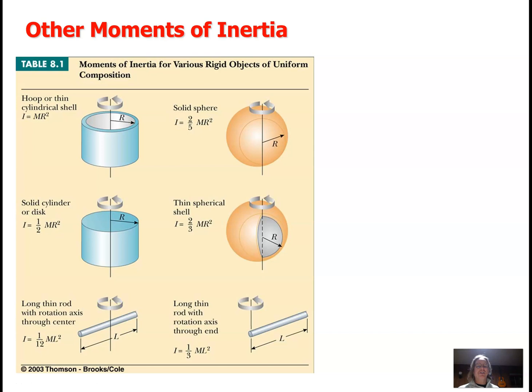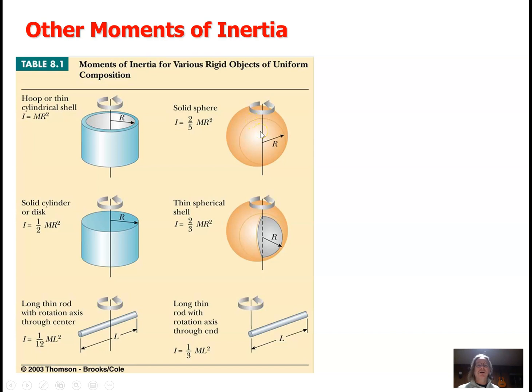Now when you start talking about a sphere, it gets even more complicated. Not all the mass is at that r distance away. Some of the mass is at pretty much 0, and some is half the r, some less than half the r, some more than half the r. Because you have mass all over the place, you have to use a little trig.